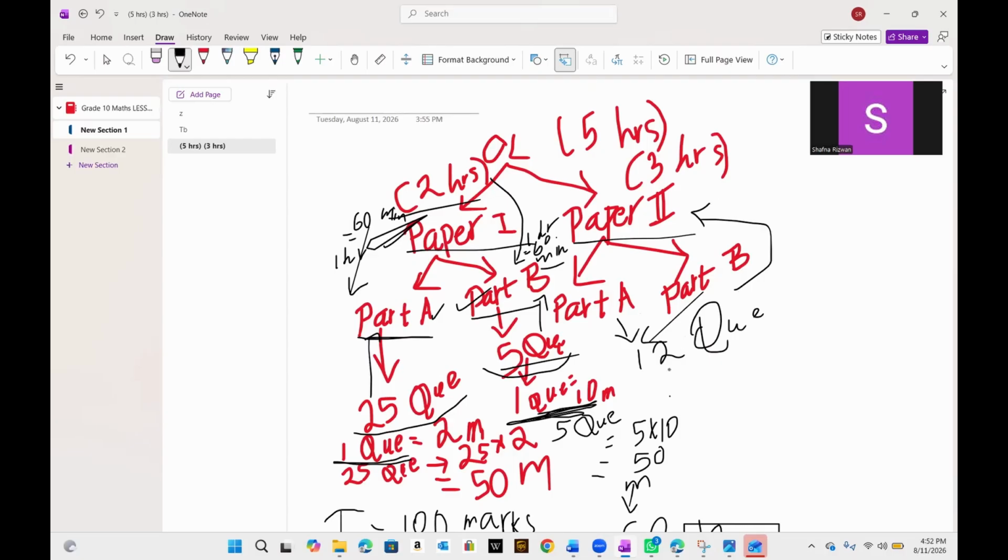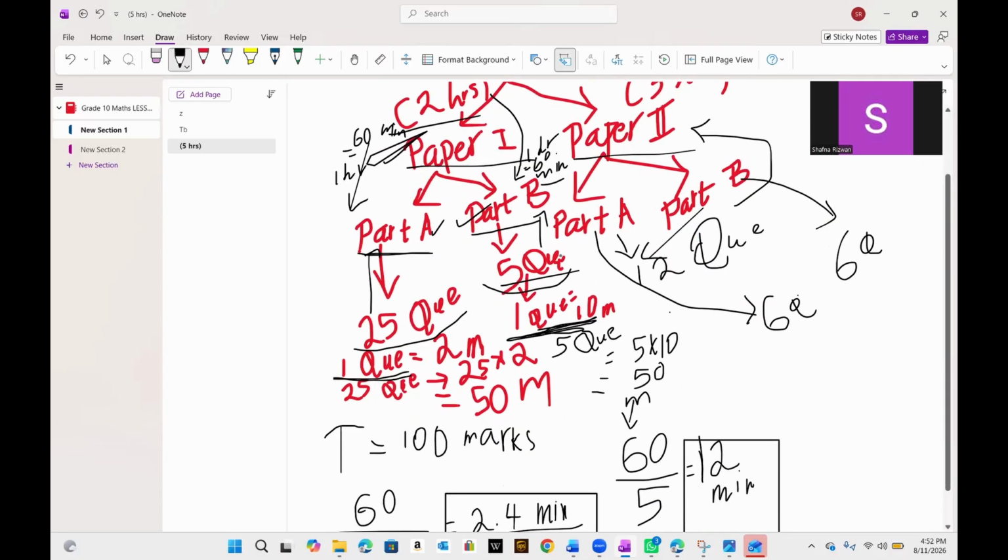From that, in part A they will give you 6 questions, and in part B they will give you 6 questions. Then what should you do here? From part A, you have to select.